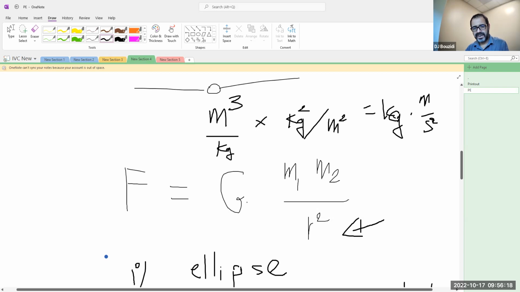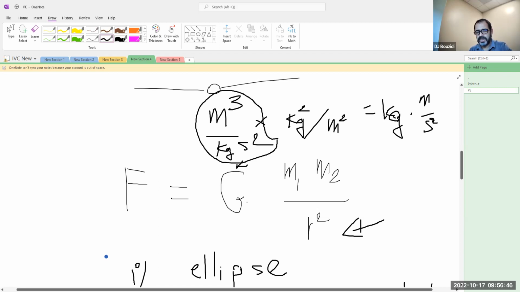Not only that, I have a problem with the time. I don't have enough time in here. I have 1/2 squared and I have nothing in here. So in order to fix that, I have to have this second squared. So in this case, this will fix the problem for me if and only if this G will have these units. So if G has the units meter cubed over a kilogram per second squared, then I multiply it by a kilogram and a kilogram.